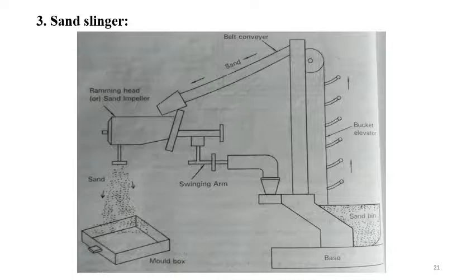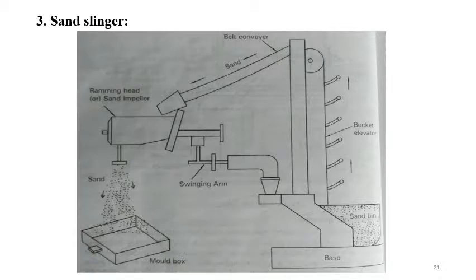You can see this one. This is a base sand tank, or sand bin, or sand storage tank. This is a belt attached to the buckets, concave in shape, and this one is a belt conveyor. Sand moves from here to here. Then it goes to the ramming head.